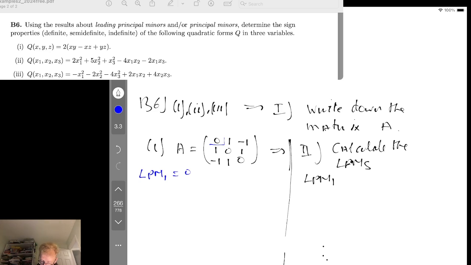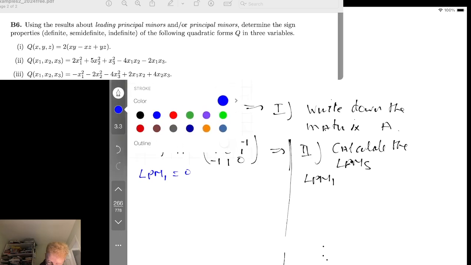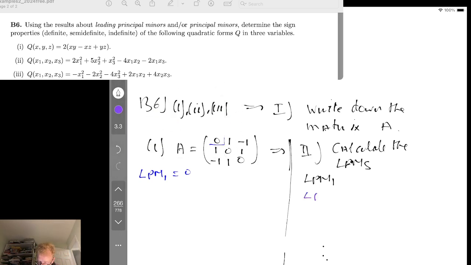Then you calculate the one you want, LPM 2. So that's this corner, the determinant of the top left 2 by 2 matrix. So that's minus 1. And then for the 3 by 3, you calculate LPM 3. So that's the determinant of the entire matrix.